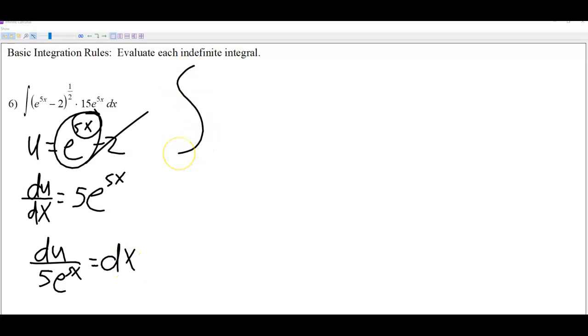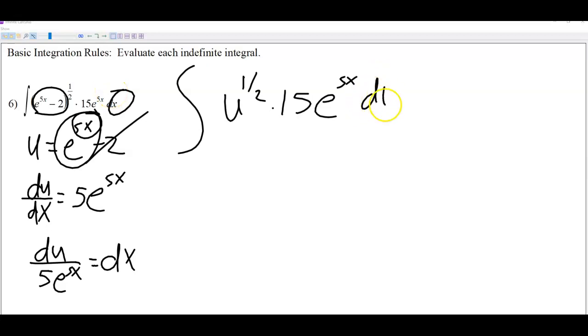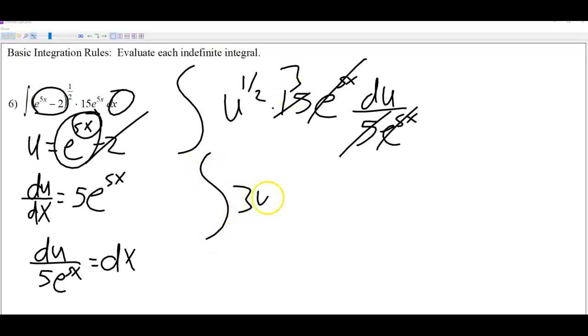And then doing our u substitution, I'll replace that with u. And I'm going to replace that with du over 5e to the 5x. These go away. 5 goes into 15 3 times, leaving me with 3u to the 1/2 du.